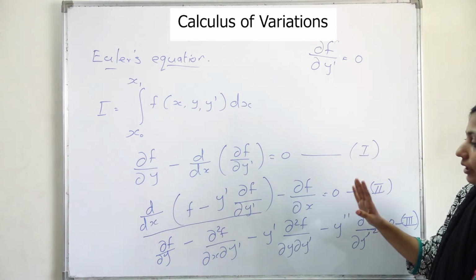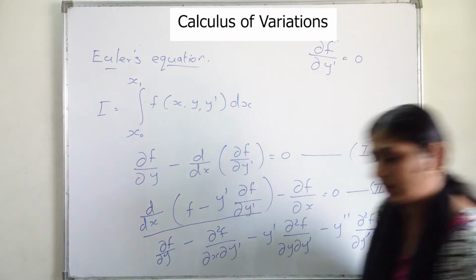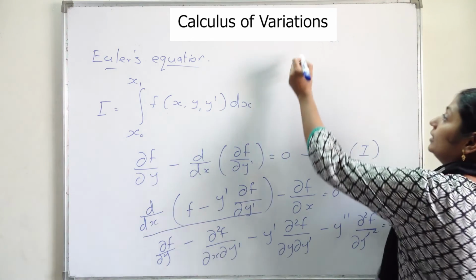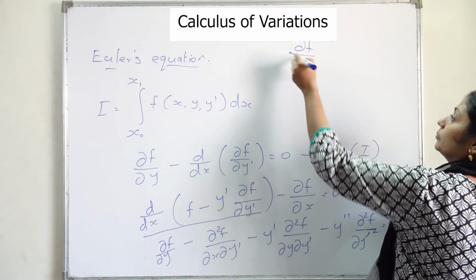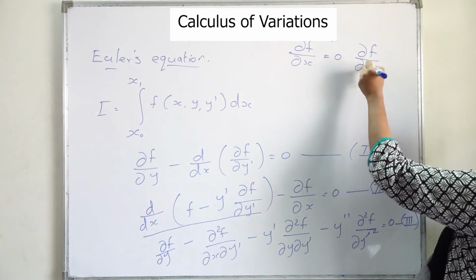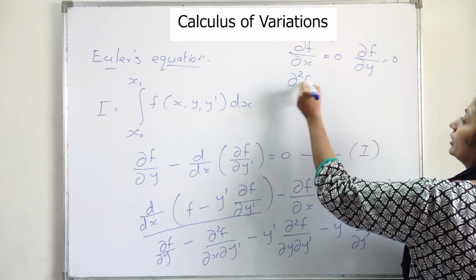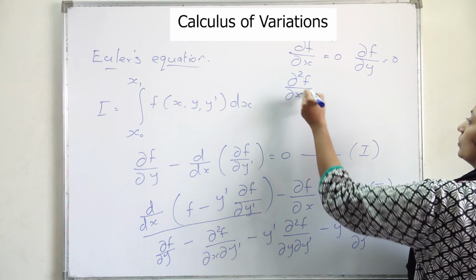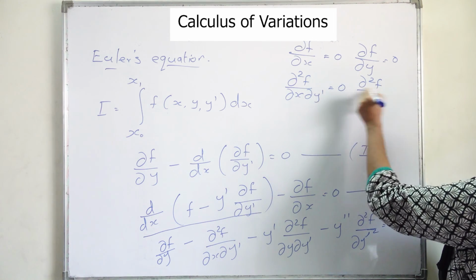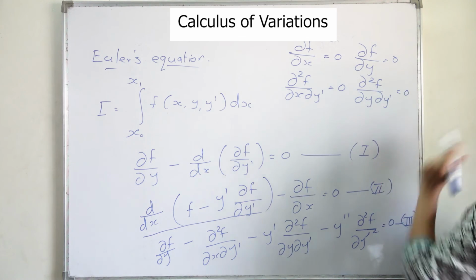And the fourth case is when f is independent of x and y. So when f is independent of x and y, you can say ∂f/∂x is equal to 0, ∂f/∂y is equal to 0. Similarly, ∂²f/∂x∂y' is equal to 0, and ∂²f/∂y∂y' is equal to 0.